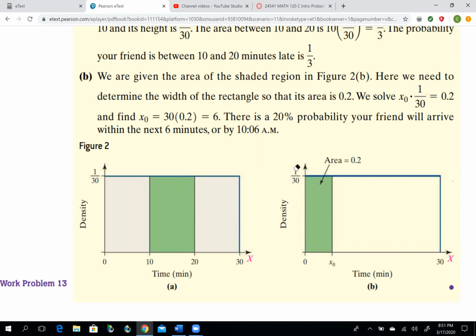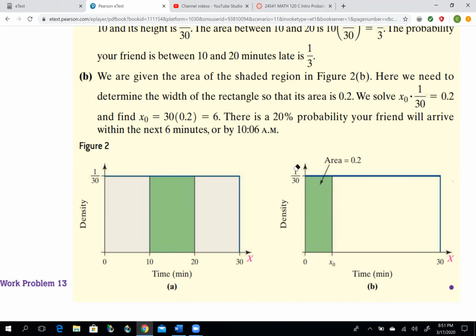So I write the area is equal to base times height for the area of a rectangle. The base is unknown, so I just write base, and the height is 1/30, and the area is 0.2. Again, I multiply both sides by 30. 30 times 0.2 is 6. So your friend will arrive within the next 6 minutes.